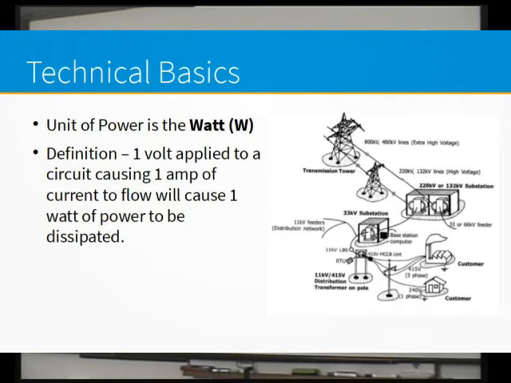It tells you that it is able to dissipate 1200 watts, or provide 1200 watts to boil the water. The definition of a watt is: 1 volt, so that's our pressure, applied to a circuit causing 1 amp of current to flow will cause 1 watt of power to be dissipated.